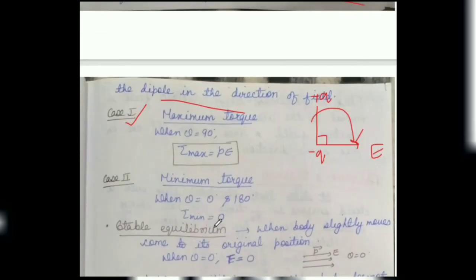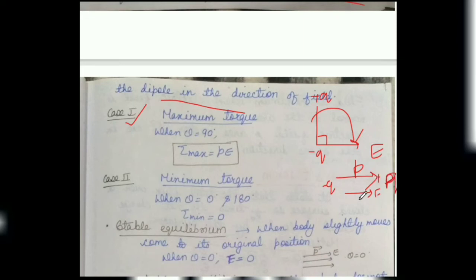Minimum torque is when theta is 0 degrees or 180 degrees. In both cases, 0 degrees means the dipole moment is in this direction, and E is also in this direction, right? It means this side is the minus Q charge, this side is plus Q. Direction is minus to plus. So the direction of P and E are the same.